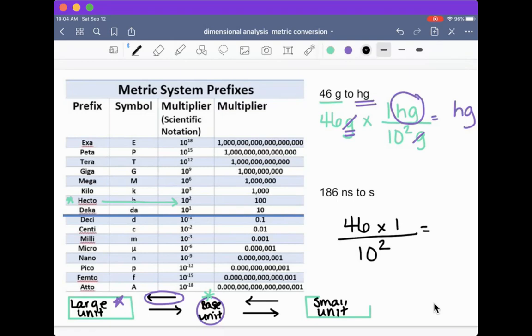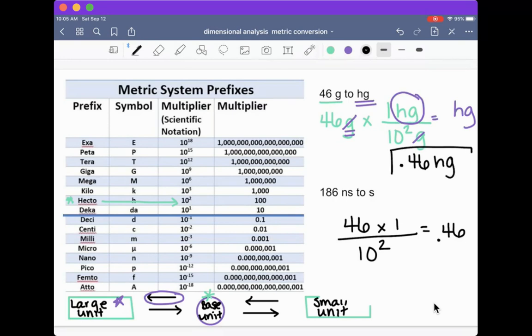So 46 divided by 10 to the second, and we're going to get 0.46. So we basically move the decimal 2 places. Okay, so my answer is going to be 0.46 hectograms.